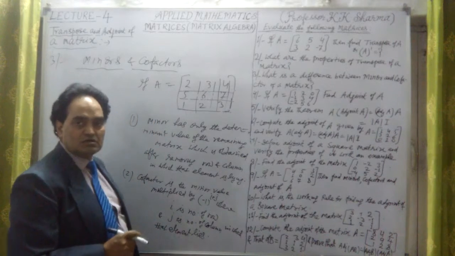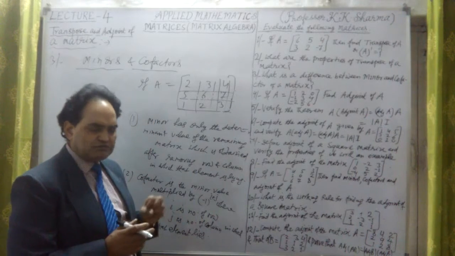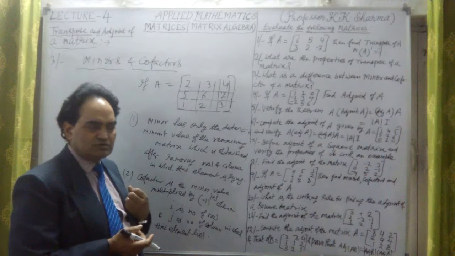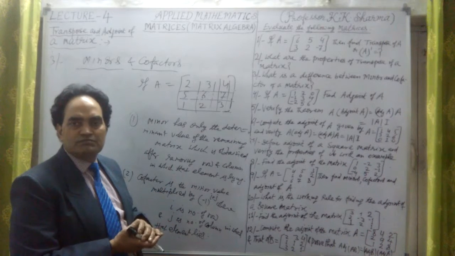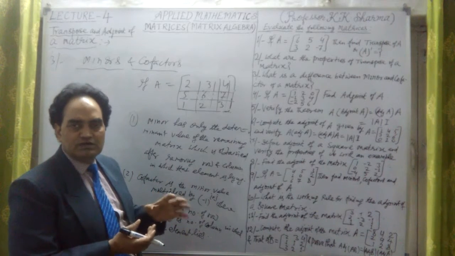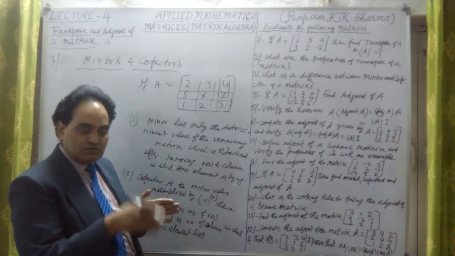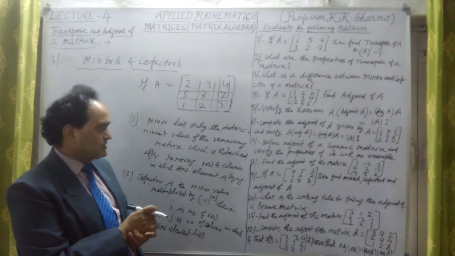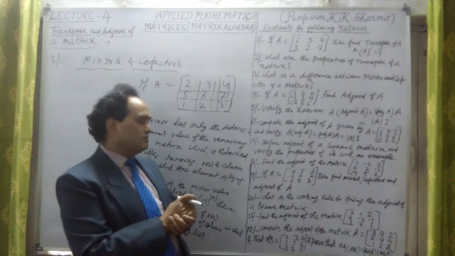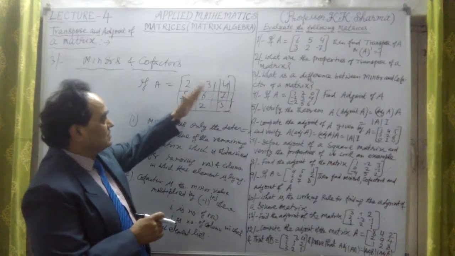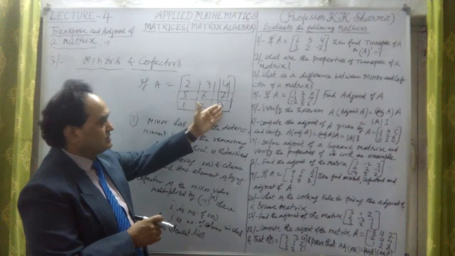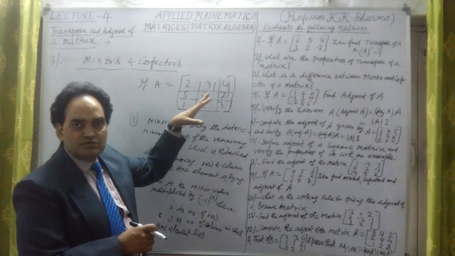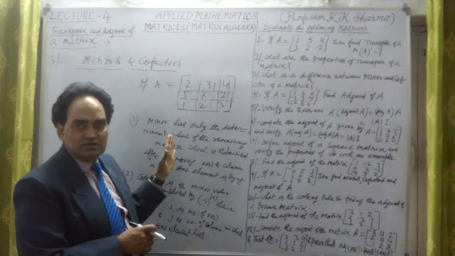This is how minors have no positive or negative sign of their own. Whatever the result comes out to be, suppose the minor value comes out negative because of the multiplication or subtraction, such as 6 into 3 is 18 minus this. If this value comes out negative of its own, then it is negative.